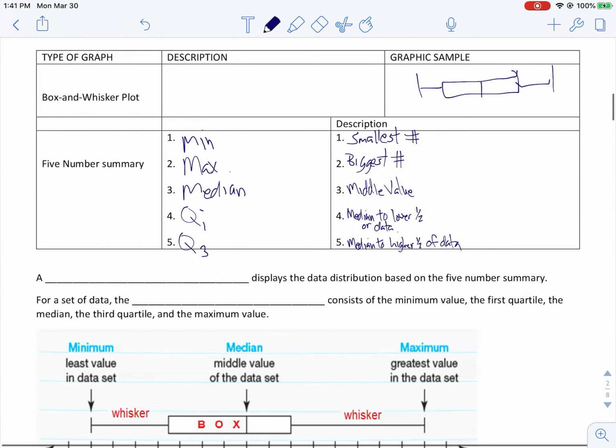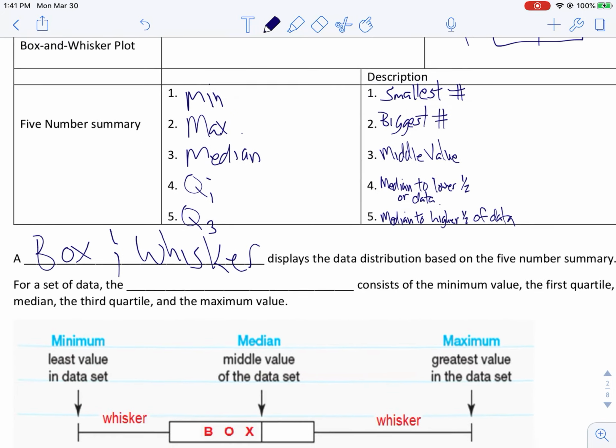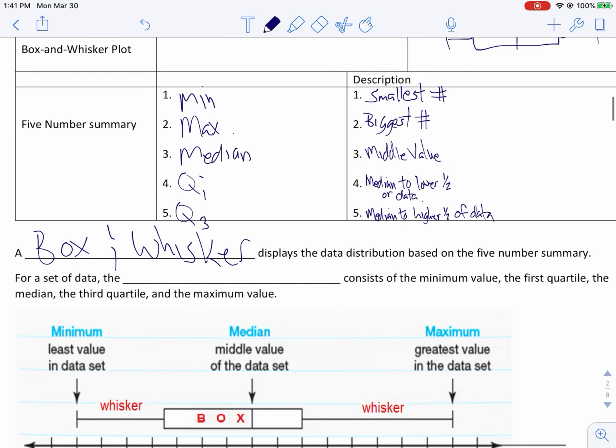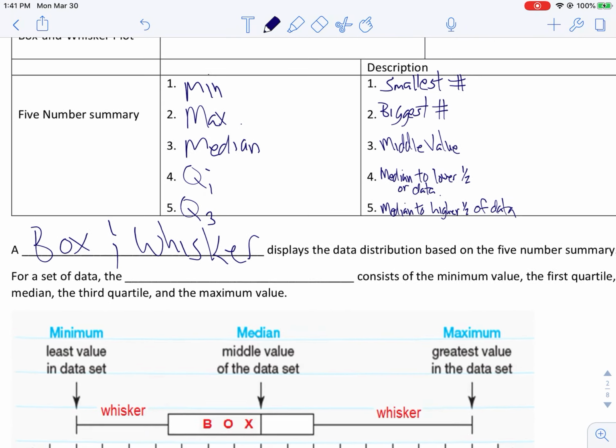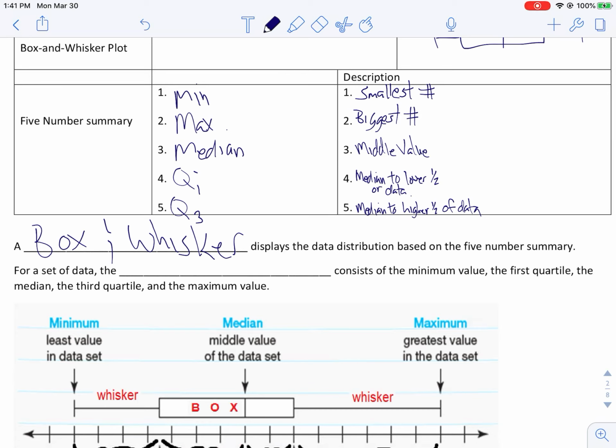And it says, boom. A box and whisker displays the data based on the 5-number summary. Now, for the set of data, the graph consists of the minimum value, first quartile, the median, third quartile, and maximum value.